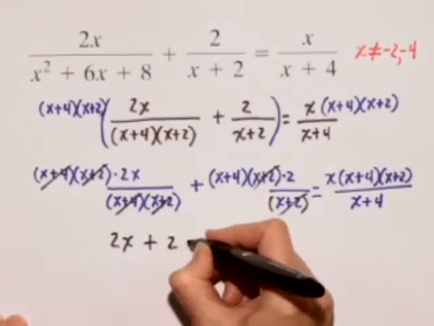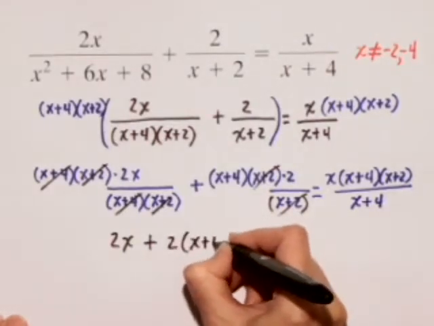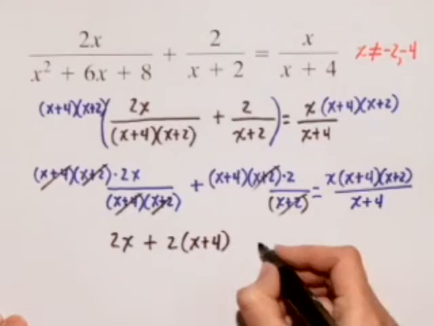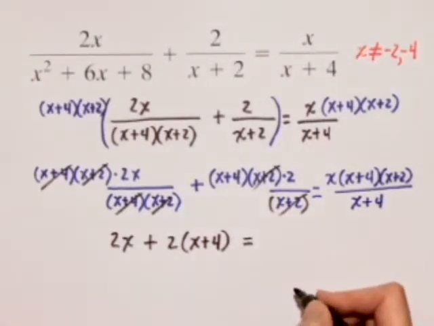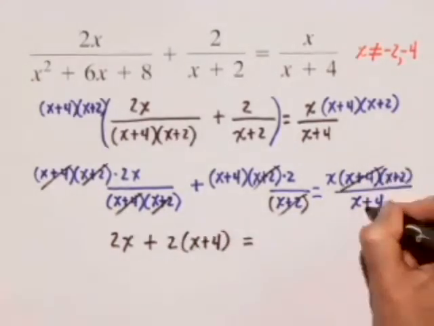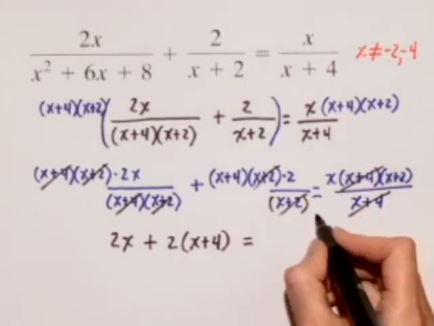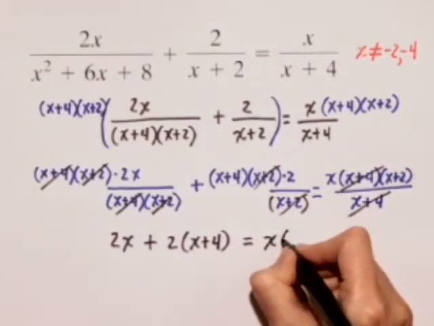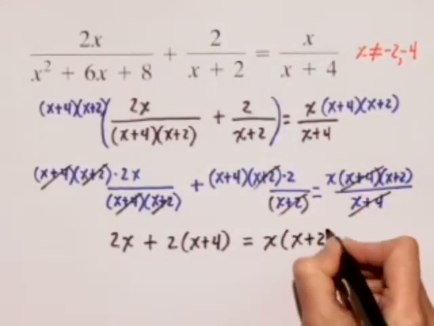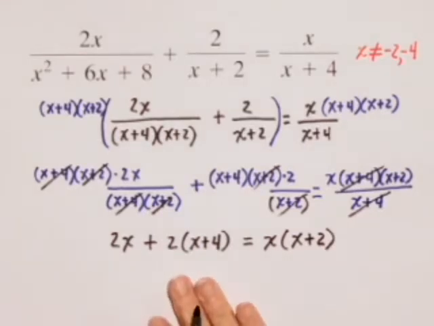I can write the 2 in front of the x plus 4 since multiplication is commutative. Equals, on the right-hand side, the x plus 4 cancels with the x plus 4, and I have x times the quantity x plus 2. So now we have an equation that no longer contains fractions, and we're going to continue by solving this equation.